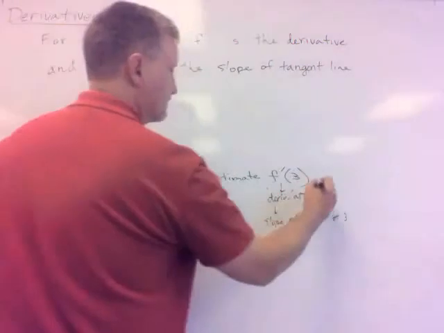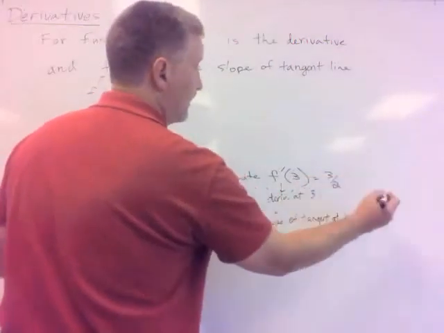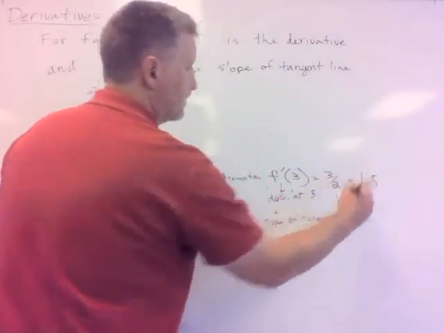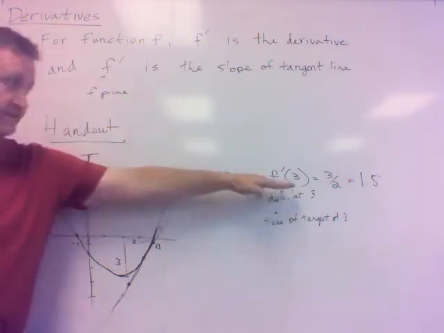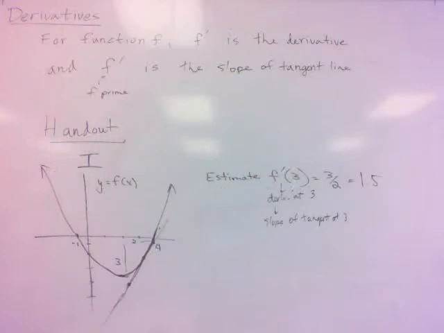So I'm saying 3 halves, 1.5. Yours may be slightly different, but that's what I came up with. Is that close to what you got? We're just doing a rise over run because that's, by definition, really what the derivative is equal to on the graph. It's the slope of the tangent line.